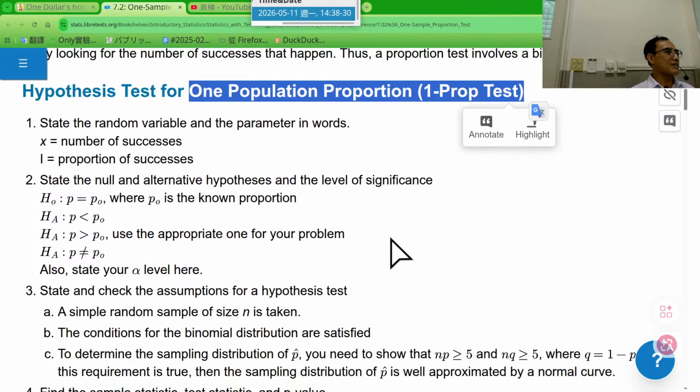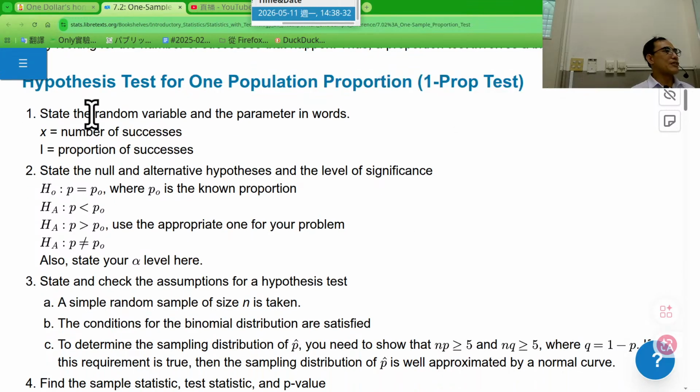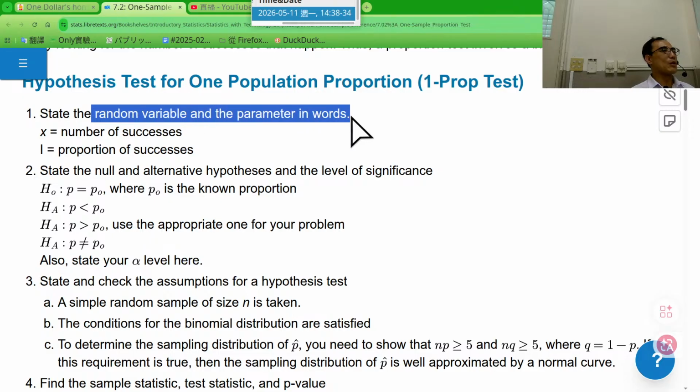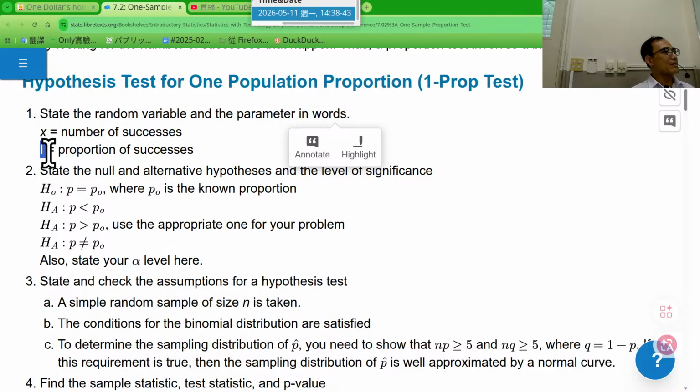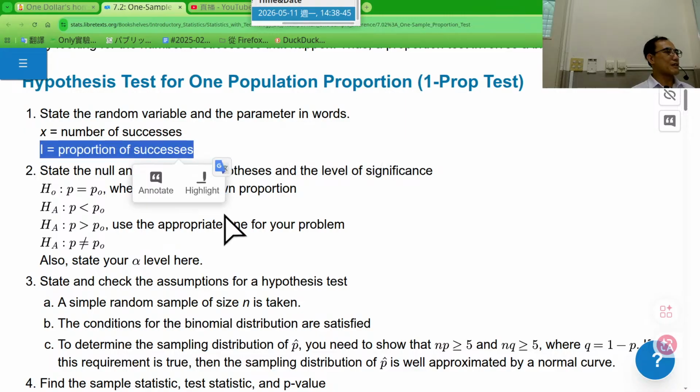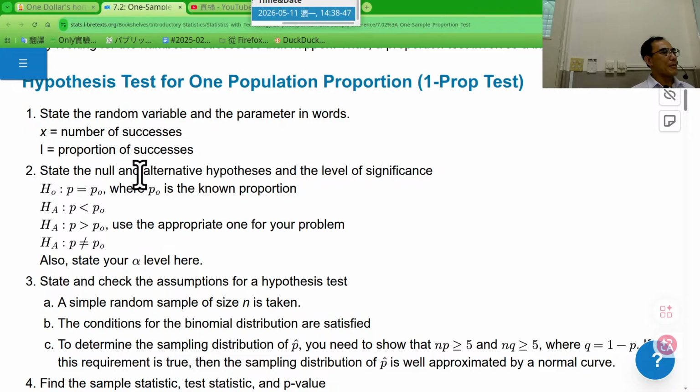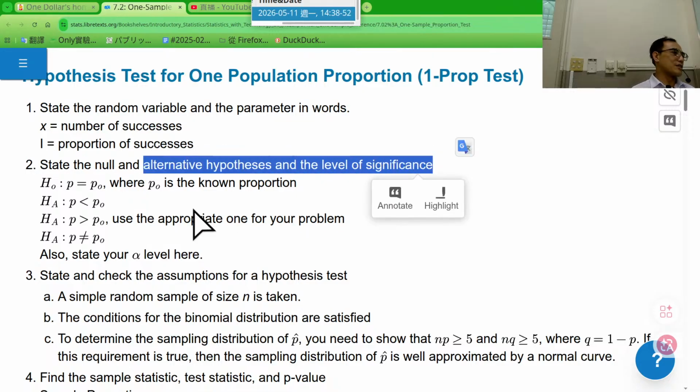One proportion test. First, state a random variable and the parameter in words. X is the number of successes. Here should be p, the proportion of successes. Okay, state the null hypothesis and alternative hypothesis and the level of significance.